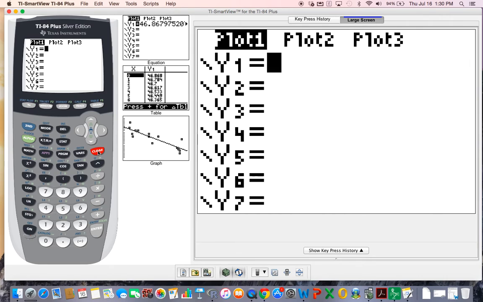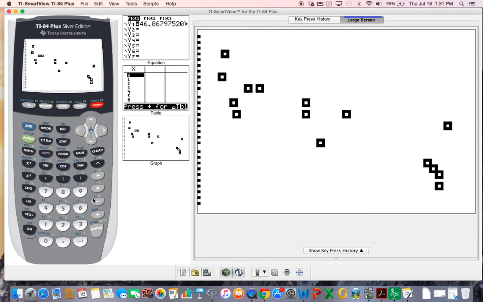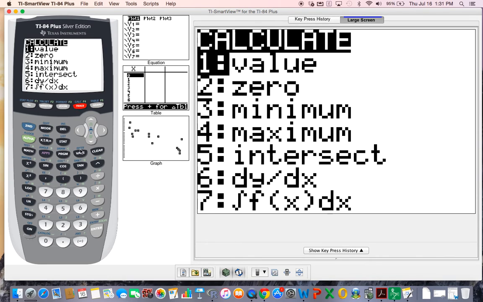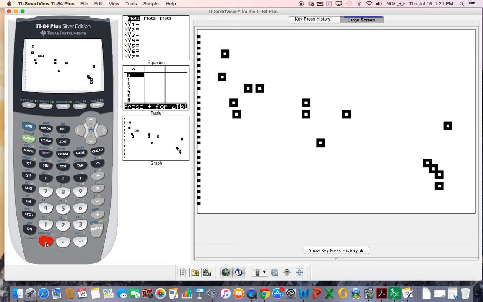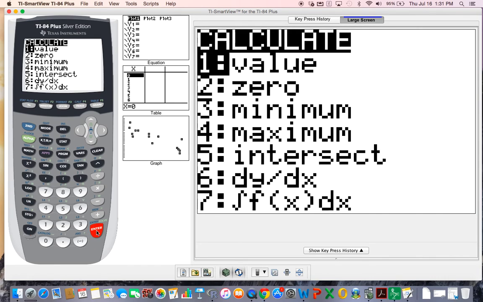So let me go in Y1 and get rid of that. And now let me go to graph. All right, there's my scatter plot, but I don't have any line there. So I go up here and go second function calc and go value 300. And it's like, what are you talking about? There's nothing there.